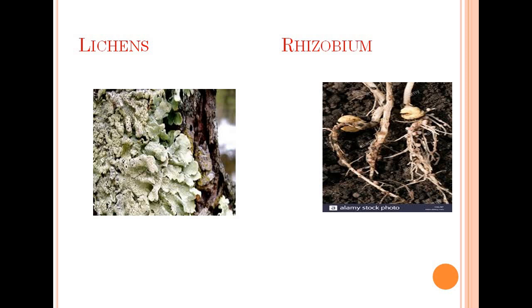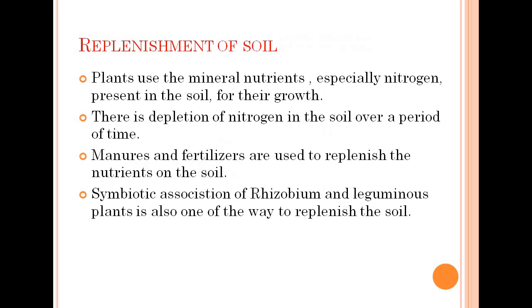Rhizobium is the bacteria that live in the root nodules of the pea plant and convert the nascent nitrogen into plant-usable forms, and in turn the plant provides nutrition to the rhizobium for its growth. So in this way, symbiotic plants show mutual benefit from each other. Now we have discussed all four types of heterotrophic plants.